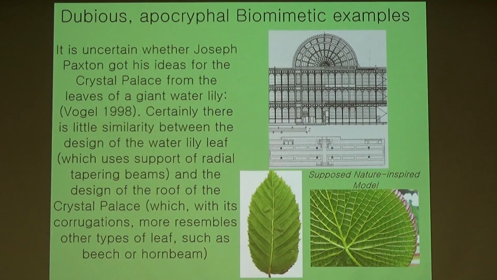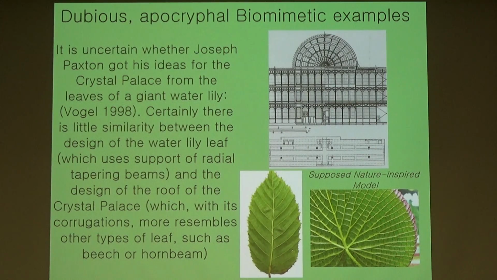There are lots of examples that are said to be biomimetic but really aren't. This is what I mean by dubious examples or apocryphal biomimetic examples. These are not true examples of learning from nature into some kind of design. So this is the classic example.